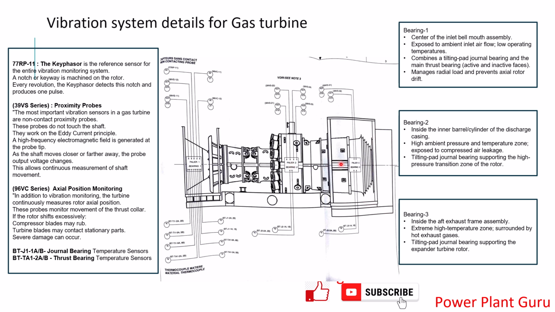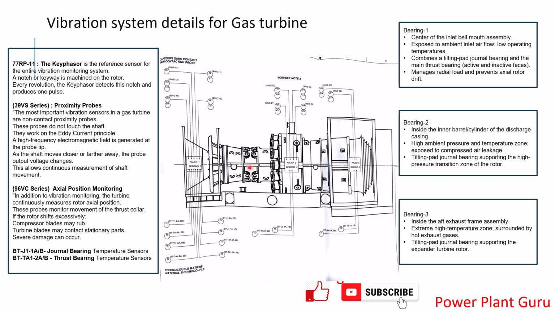The third one is also at the exhaust side, or the aft frame side, and this will be a very high temperature zone. There also it is a journal bearing only, supporting the radial loads. A tilting pad journal bearing will be there.